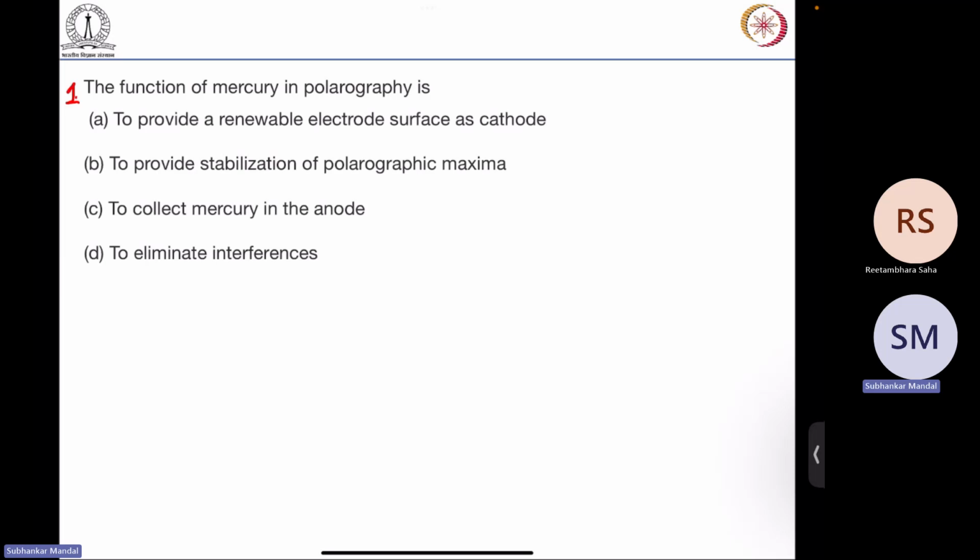So we have seen in the figure that you have a capillary, and on the capillary you have a container which can contain the mercury, and the drop can be formed. That is called CGME, the controlled growth mercury electrode.